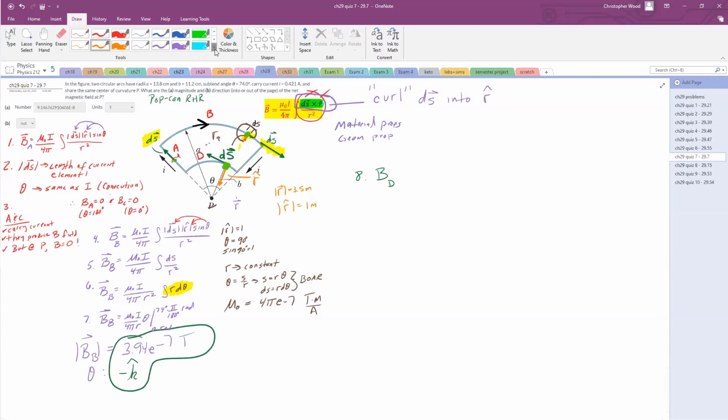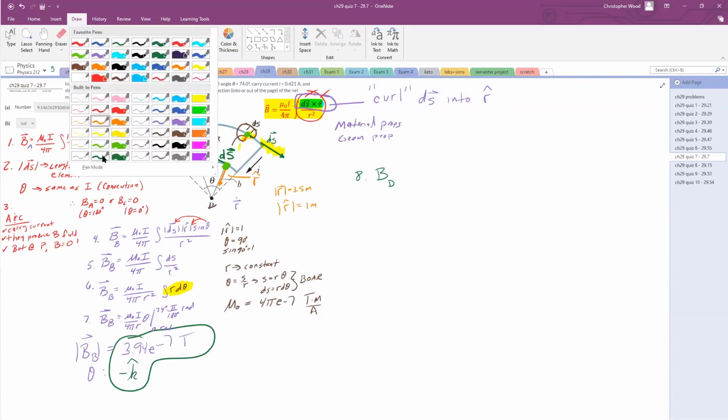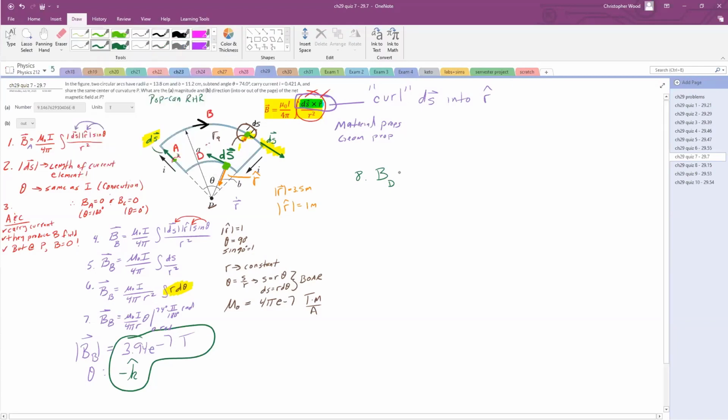So anyway, this is why it's going to go faster because you're hopefully seeing those right away, although I won't gloss over it too much. All right, so we have Biot-Savart says mu naught I hat all over 4 pi integral. What's the magnitude of vector ds? The magnitude of vector ds is just ds. What's the magnitude of r hat? It's 1.